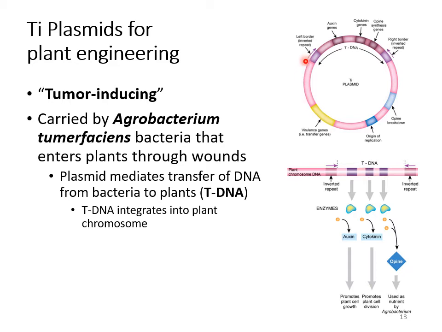And the rest of that plasmid is very good at integrating into plant genomes. Okay, so we're able to modify that plasmid, the TI plasmid, to take out the bad bacterial genes and put in our desired genes, and boom, now we can get the plants to produce whatever we want.